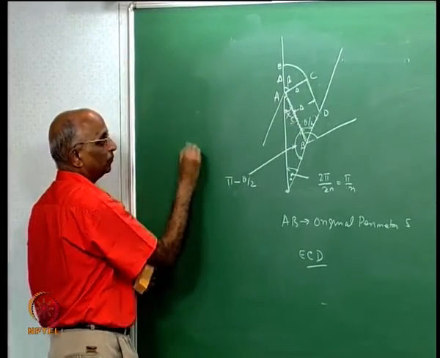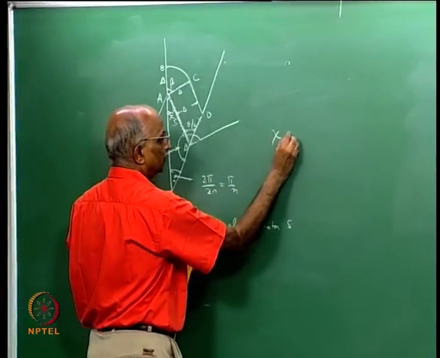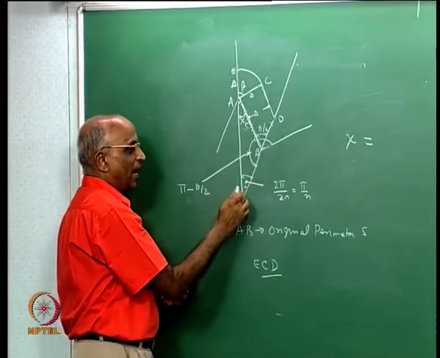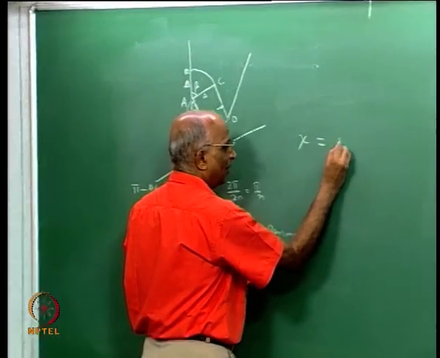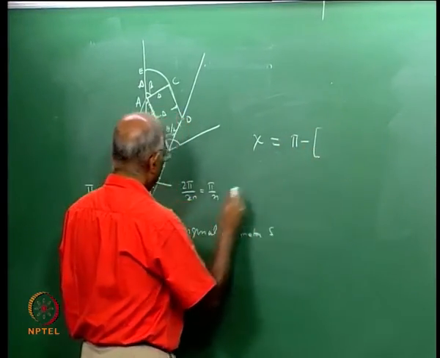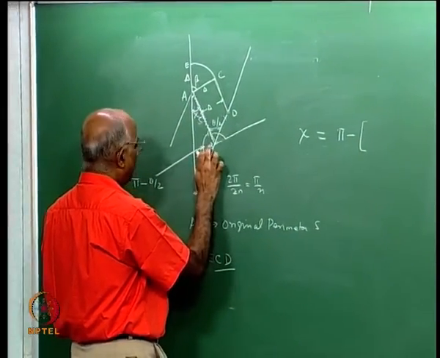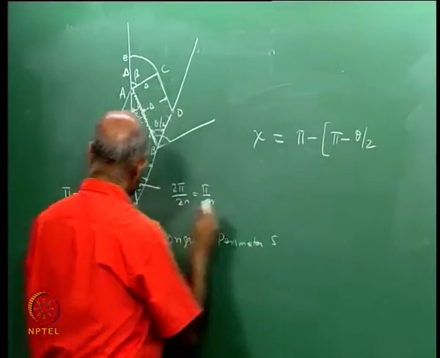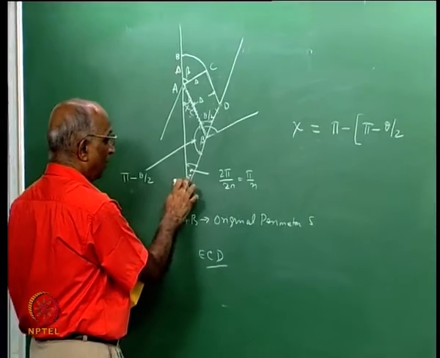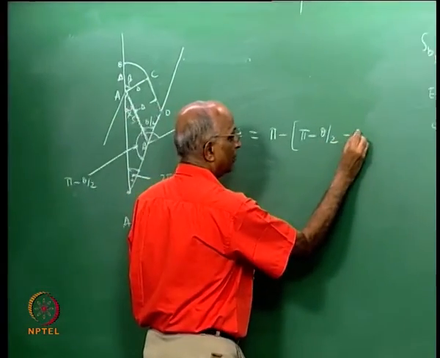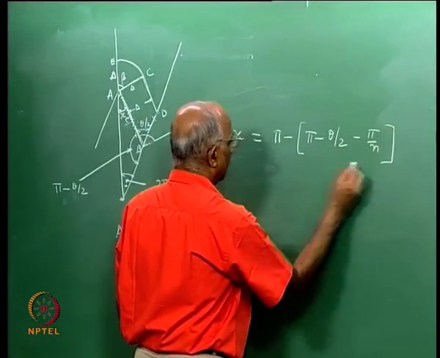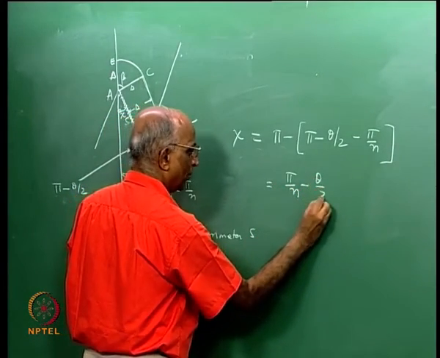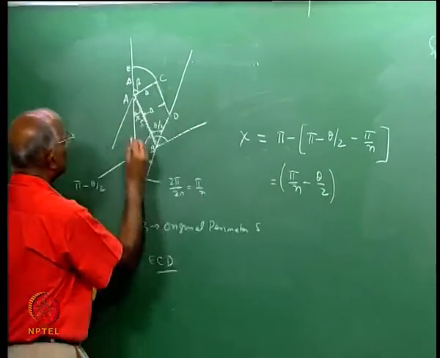Chi is equal to, the sum of the angles of a triangle is 180 degrees, pi minus pi minus theta by 2, and minus pi by n, or rather this is equal to pi by n minus theta by 2, is the value of chi.